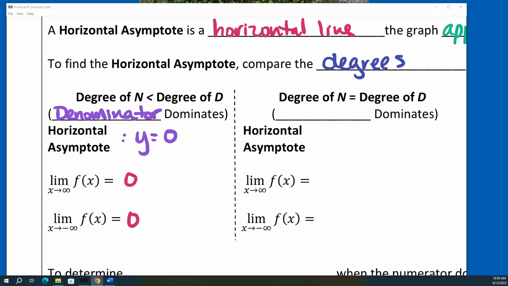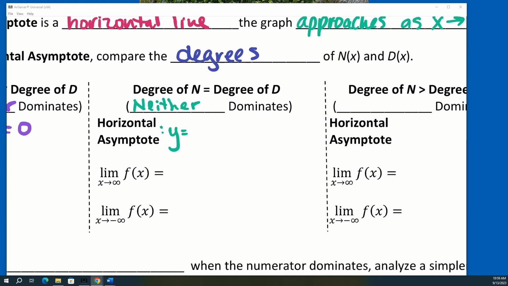All right, and then if they have equal degrees, the degree of the numerator equals the denominator, then neither are going to dominate. But there is still a horizontal asymptote. So it's y equals this long fraction.